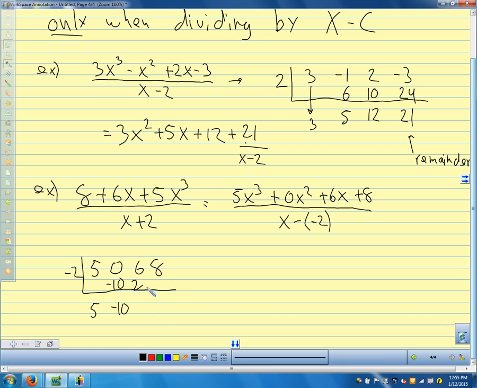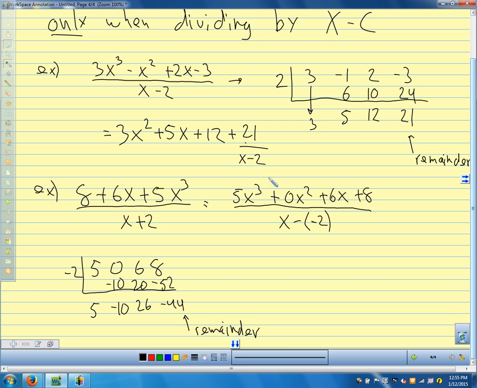Multiply. Add. Multiply. And add. And this one, the last one, is my remainder. Pretty easy. Synthetic division is pretty easy.